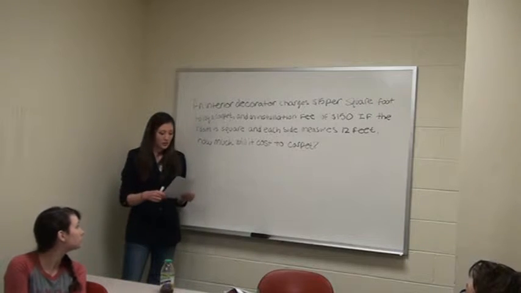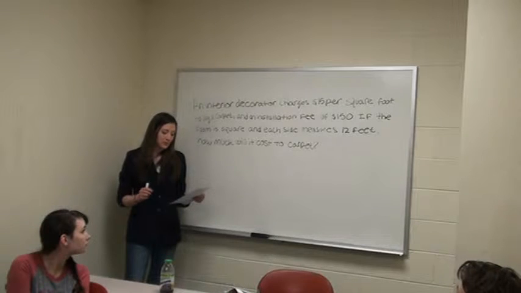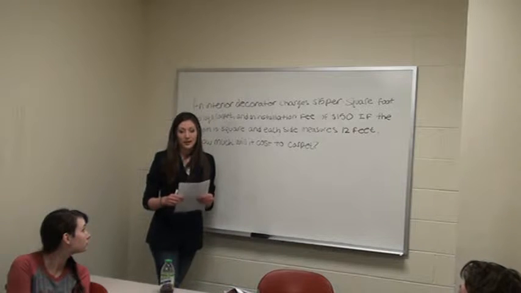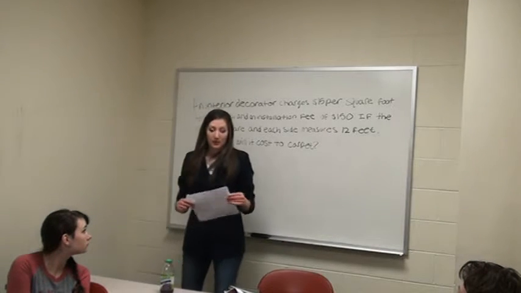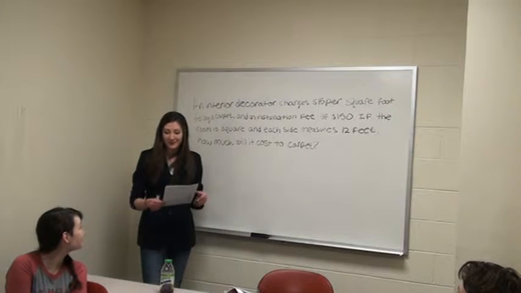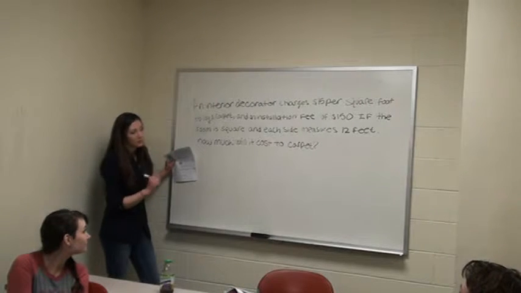Okay? So, just to give you a hint, if one side of the square-shaped room is 12 feet, then the area of the room is 12 feet squared. So we want to put that into our equation. So we're going to start with first number, we want 15.